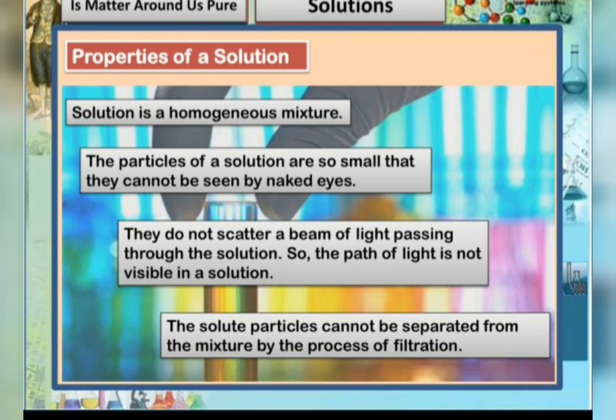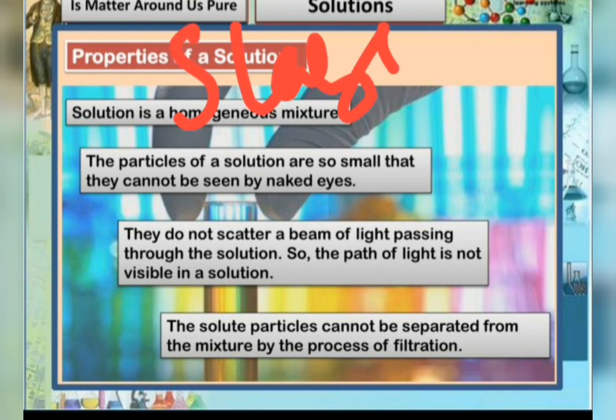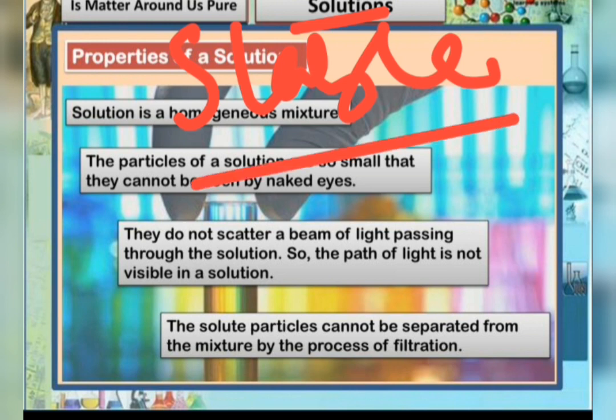We have one more property of solutions, that is solutions are stable. Now, what do we mean by stable? Stable means that the particles of solute present in a solution do not separate out on keeping, they do not settle down, they do not remain suspended, because they are so small and soluble.